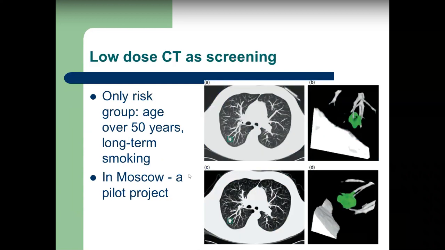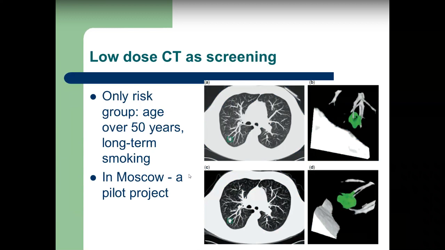In Moscow, there was a pilot project, an experiment, a trial of using this method for screening. Only a risk group: men over 50 years of age with a long history of smoking. So there was a special algorithm of what to do with a patient.